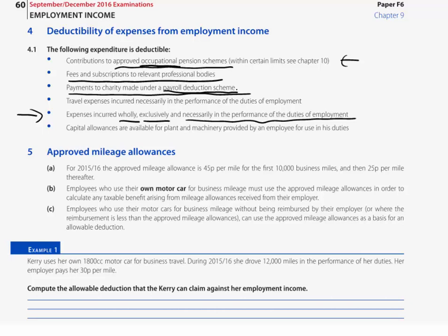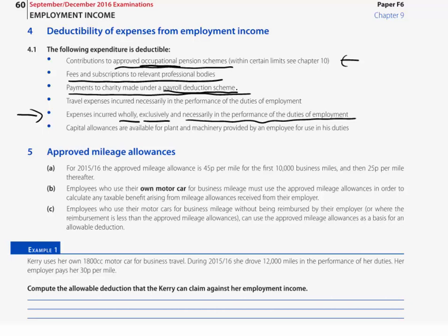This again is a far simpler way of dealing with charitable contributions made by an individual, as compared to the gift aid scheme. Here, all you do is treat any such payments made under the payroll deduction scheme as allowable deductions from employment income.